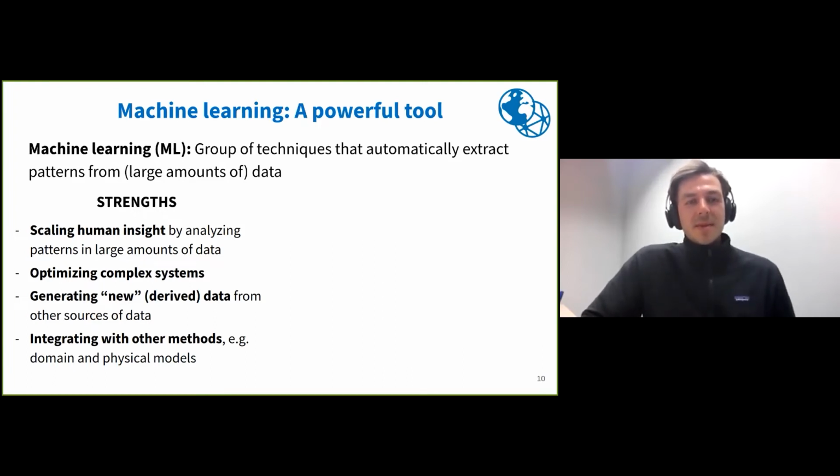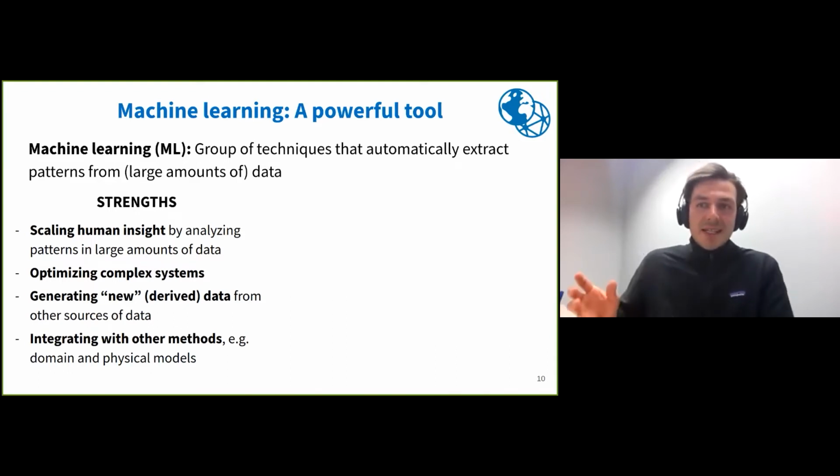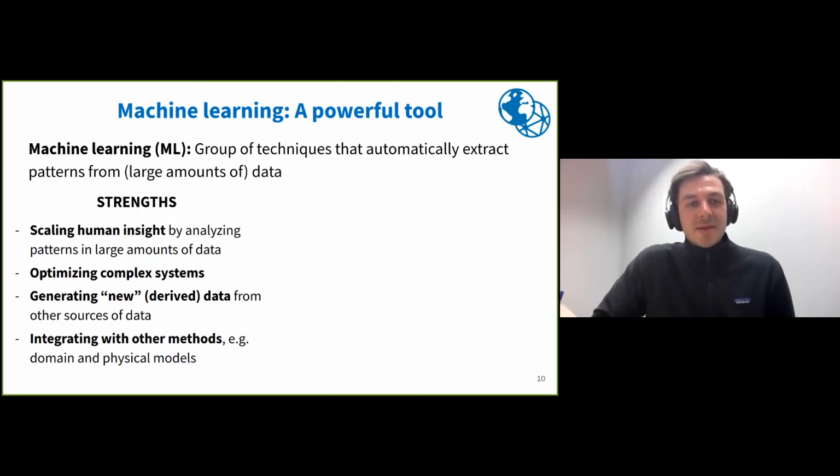Machine learning can optimize or automate a lot of these tasks. We can optimize complex systems like climate models or energy systems with the help of machine learning. And we can also generate new data where we may be missing data for a certain application, but have a similar data set lying around somewhere. Then we can generate new data based on other data that we have.